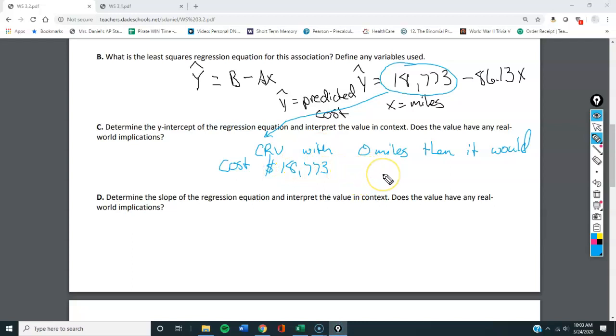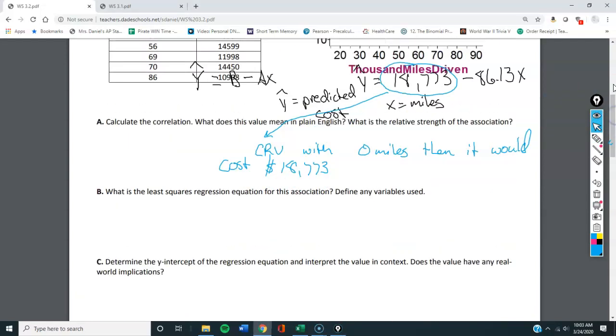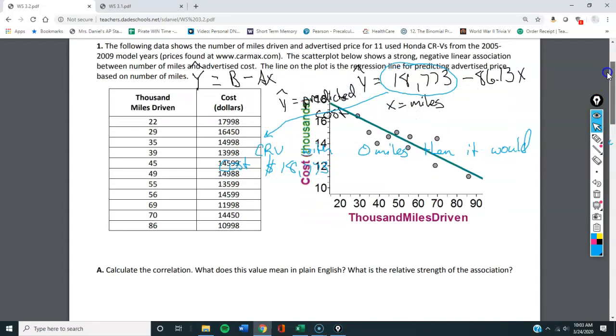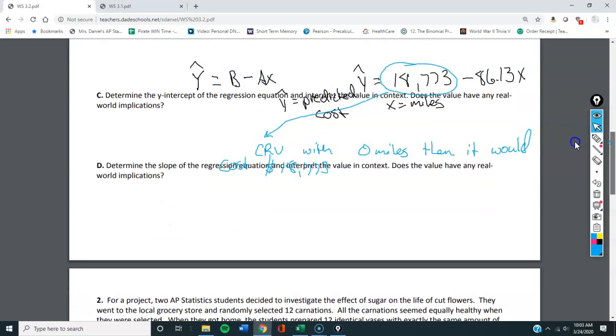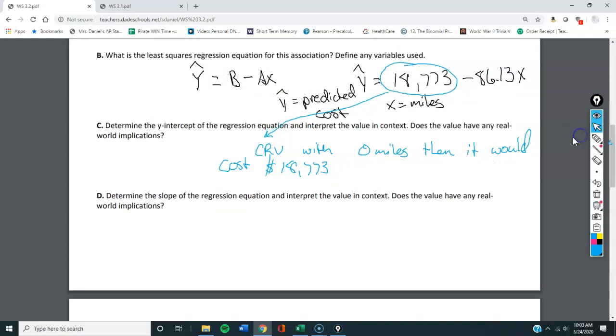Does this have any real world implications? No, because you're not going to buy a car with 0 miles, especially a used car. This was a 2005, 2009. So you're not going to find a used car with 0 miles. So that makes no sense.